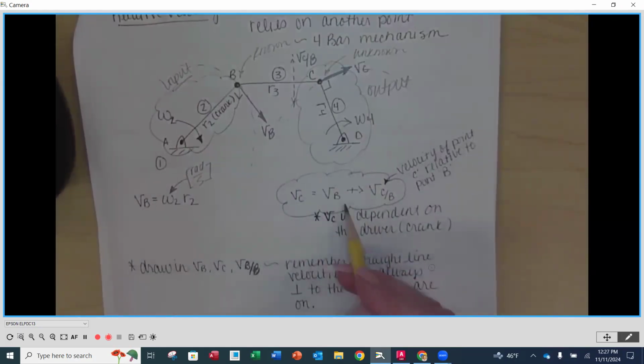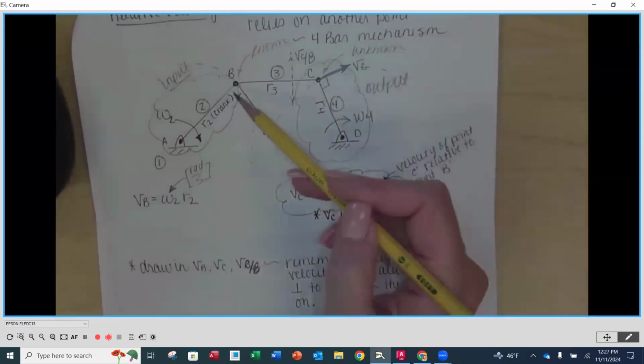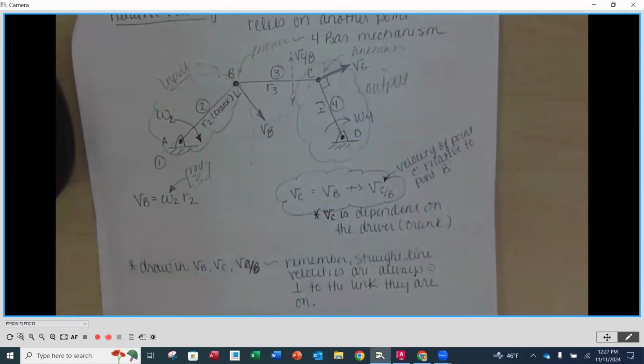Once we have these items in place and we know their directions, as you can imagine, we're going to be drawing our kinematic diagram in AutoCAD. We're going to be determining these perpendicularities to the actual diagram. And then we're going to be graphically determining any knowns and unknowns here using that vector equation.